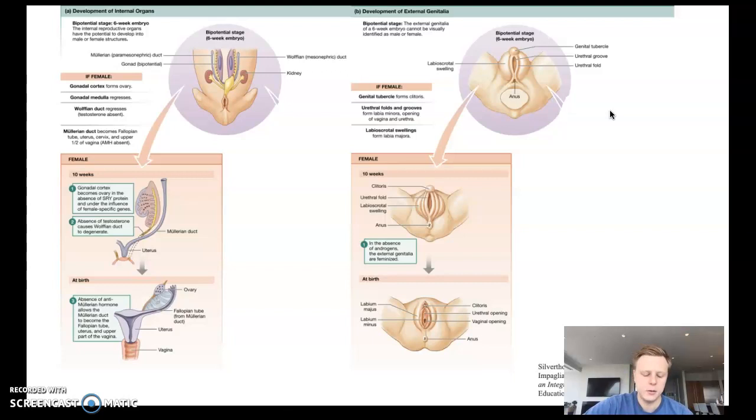This continues after birth, throughout puberty, and then beyond that, and can have many effects on the different aspects of each human's life. So it's both genetics and hormones that are incredibly important in the development of male and female genitalia throughout their entire life.